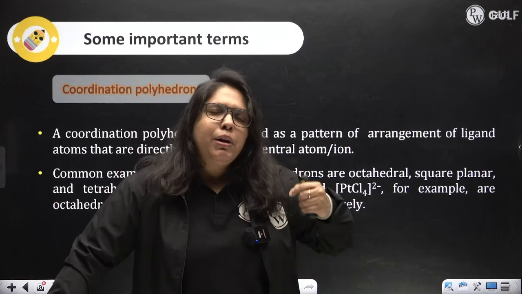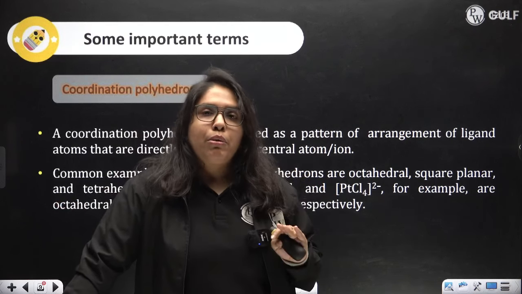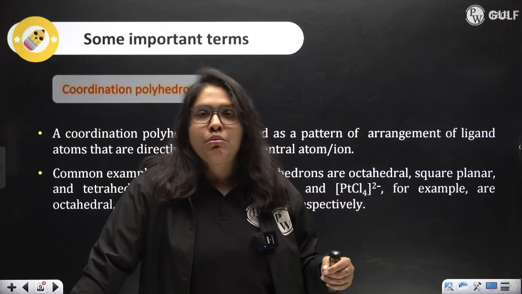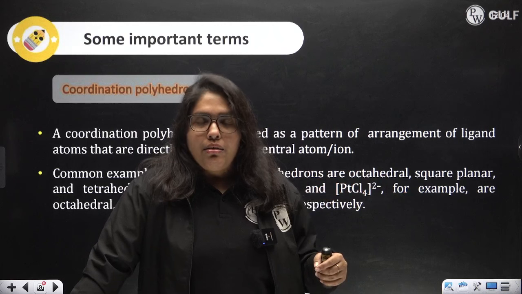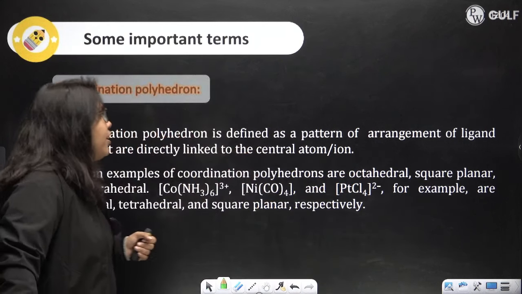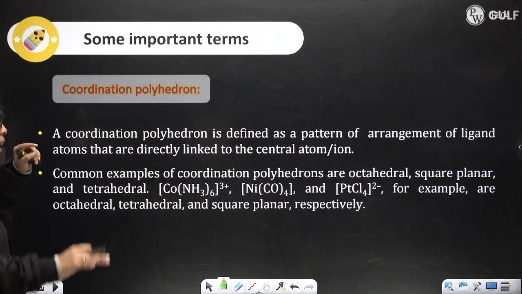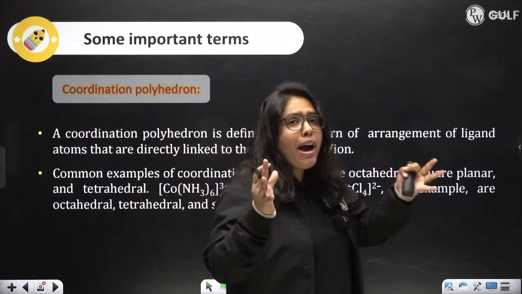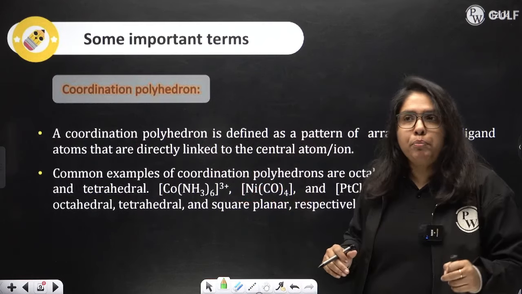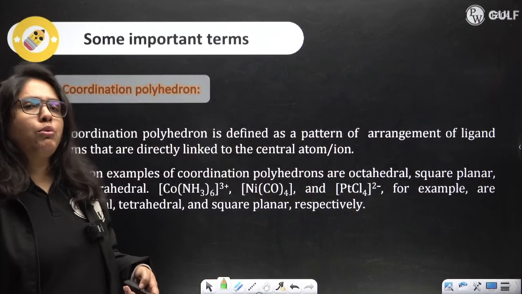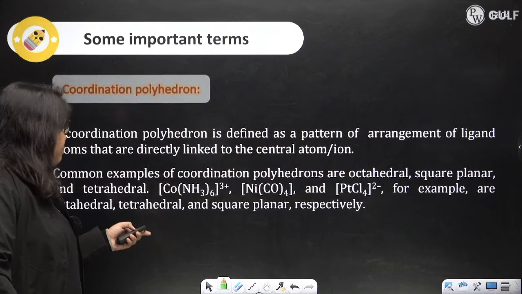This is what we will learn in VBT, so don't worry. They can be octahedral, square planar, or tetrahedral. You will learn about these in detail.